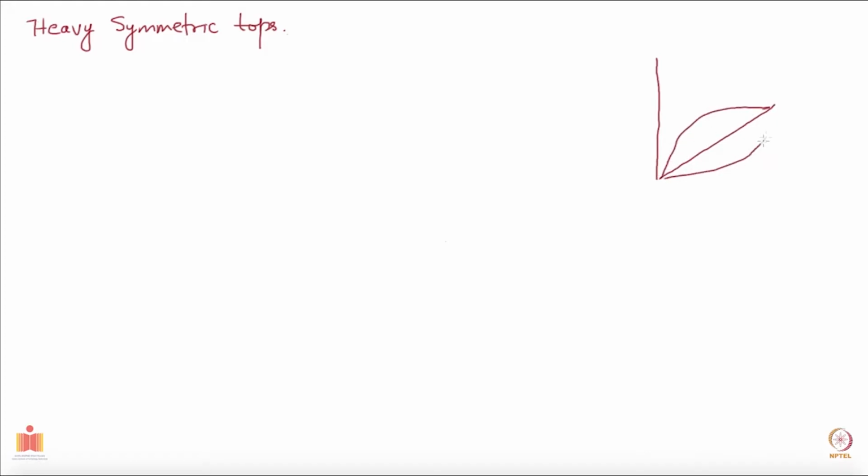Imagine you have a top like this, and some metal part is coming out and has been fixed here. You can bring an external device which could attach to this axis, and this device can make this top rotate about this axis.